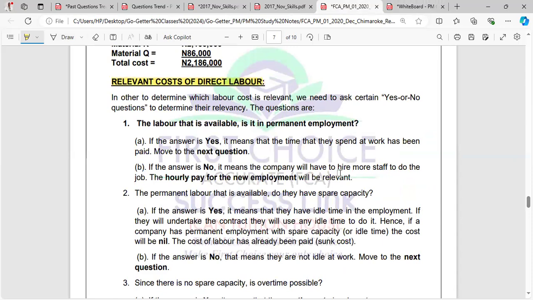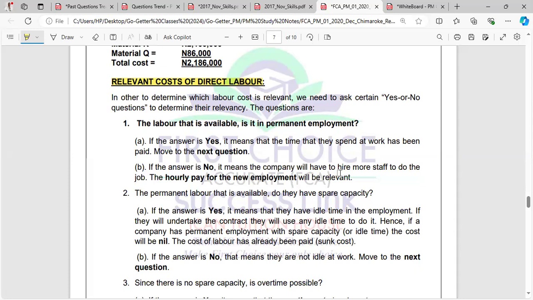Now, in order to determine the relevant cost of direct labor, we will also have to answer 3 yes or no questions. The first question now is, I need to make bread and I'll need labor.